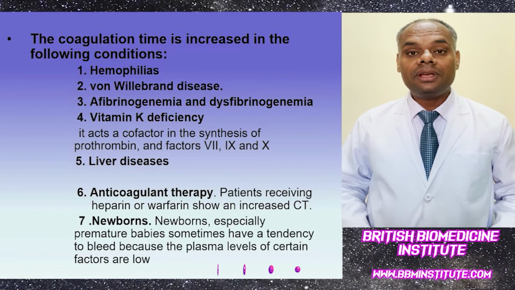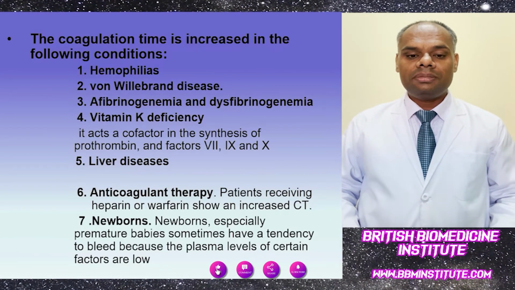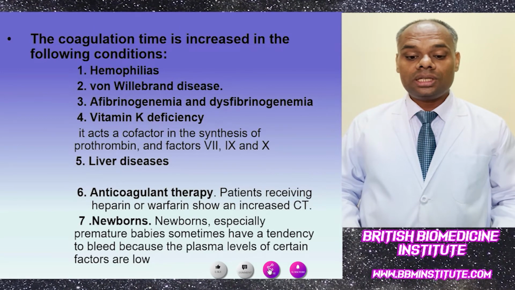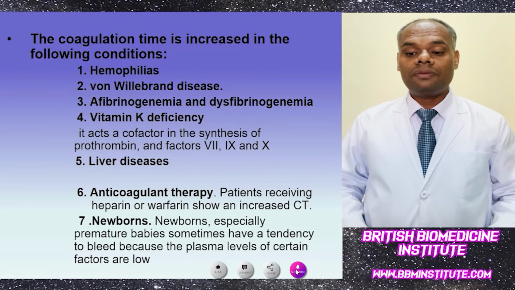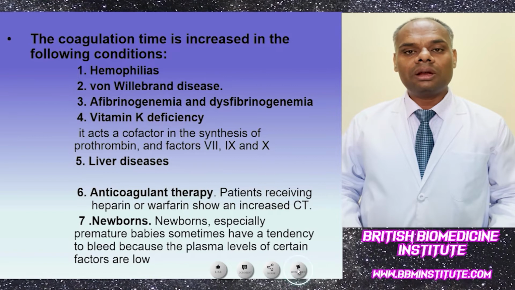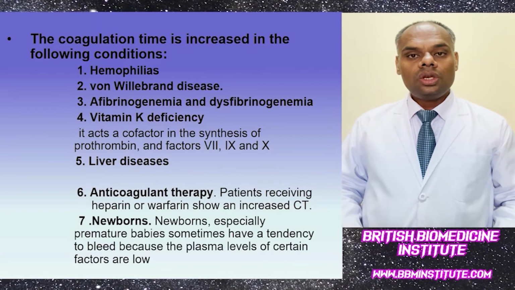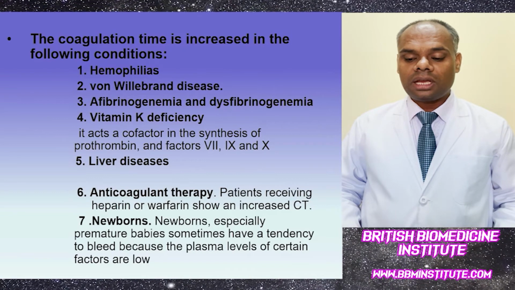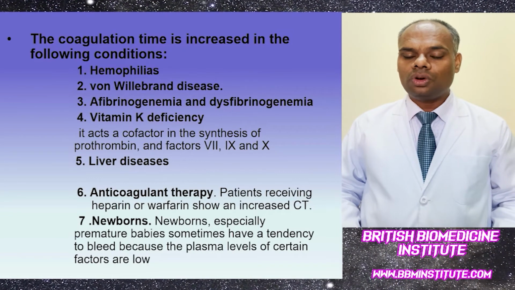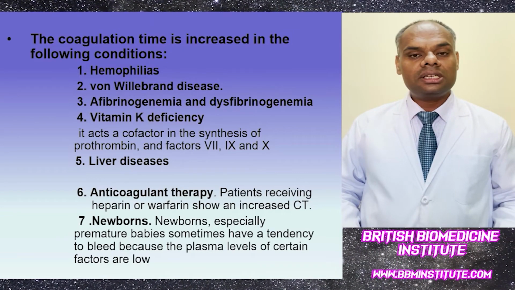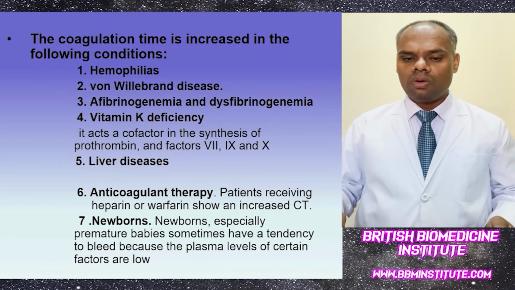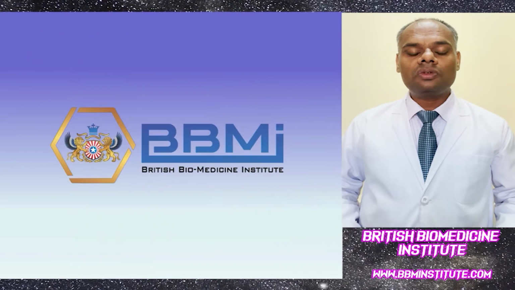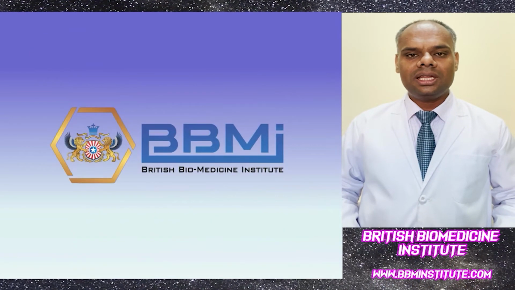If a patient has liver disease, coagulation time can increase. In anticoagulant therapy, patients receiving heparin or warfarin show an increased coagulation time. Newborn babies, especially premature babies, sometimes have a tendency to bleed because the plasma levels of certain factors are low. So I hope you have gained a lot of clinical information through this presentation.